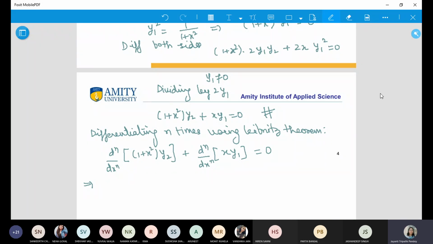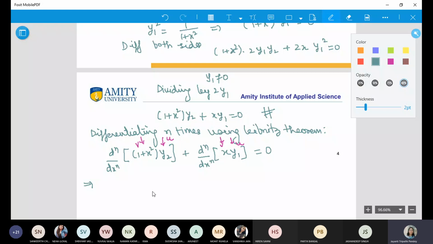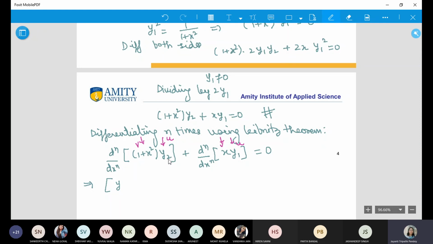That means this is u, and this is v. Accordingly, we are differentiating. So the first term will give me, you already have y2. So when you differentiate it n times, it will be yn plus 2. Is this okay or not?